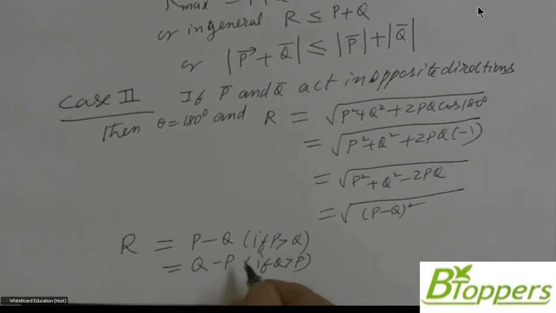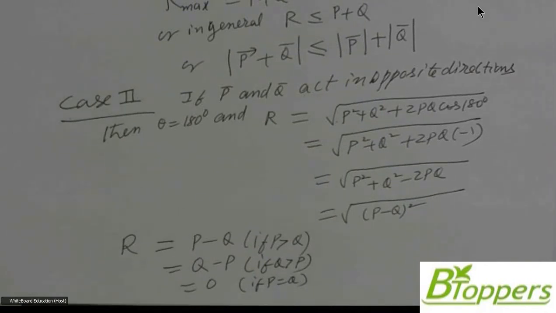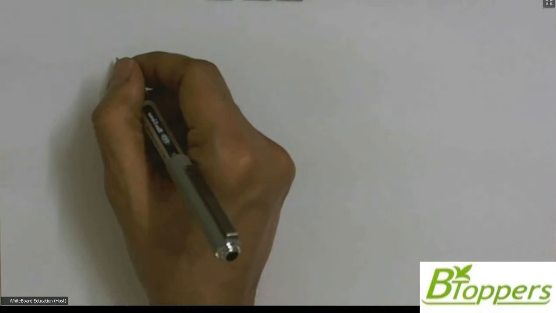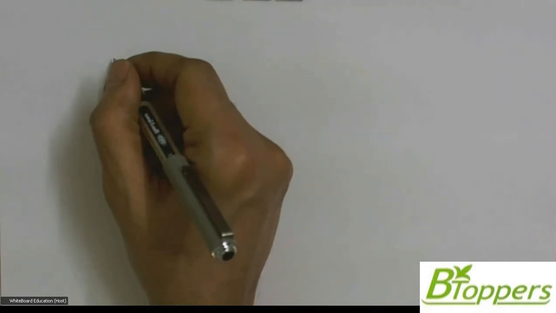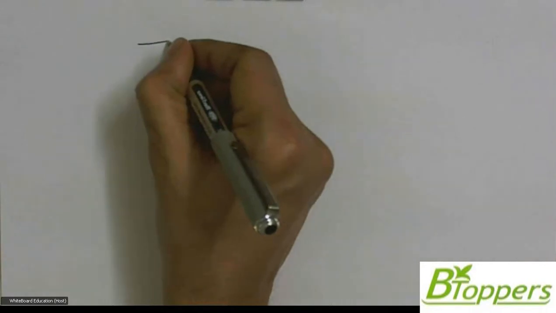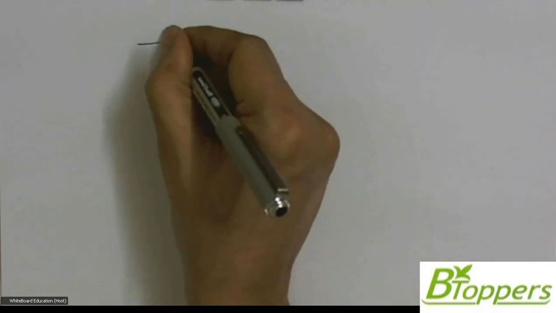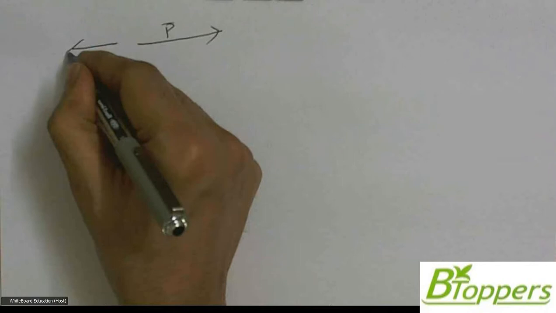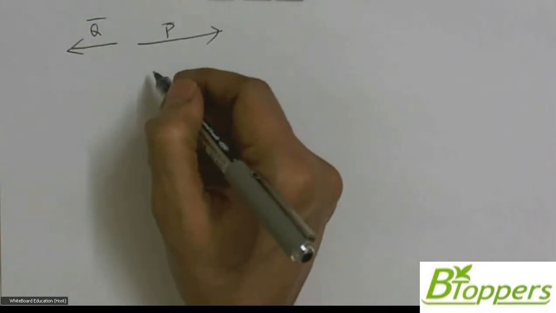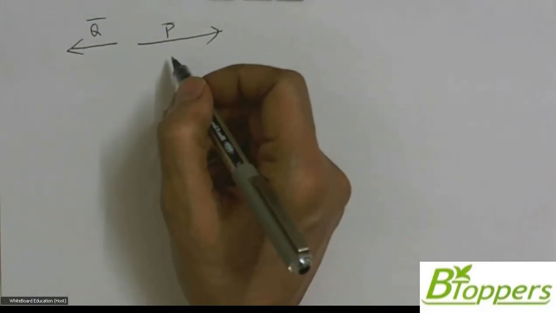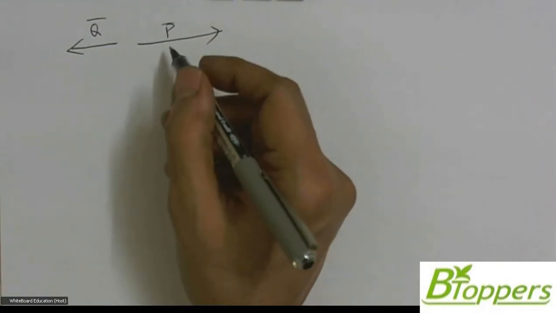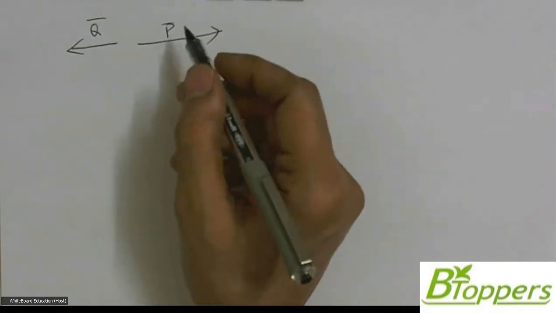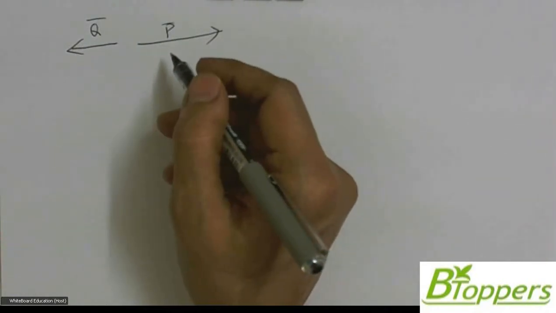Suppose the two vectors P bar and Q bar have same magnitude but act in opposite directions, then magnitude of the resultant will be equal to 0. In general, when two vectors P bar and Q bar act in the opposite directions, then the magnitude of their vector sum or resultant will be equal to the ordinary difference of their magnitudes.